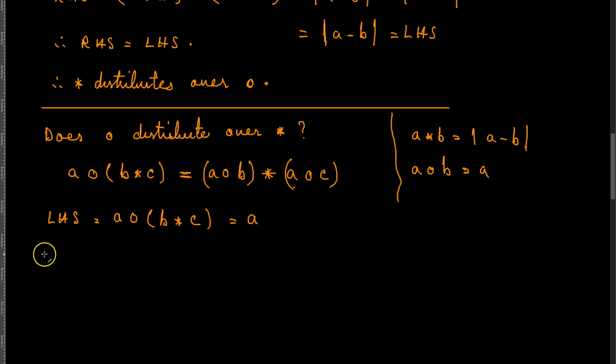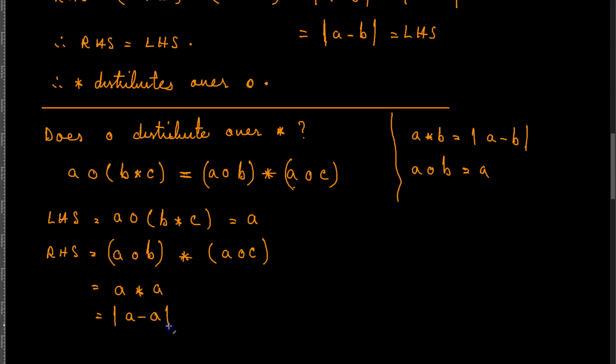So this is equal to a. Your RHS is equal to this whole expression, which is (a o b) star (a o c), which is the same thing as a star a, which is the absolute value of a minus a, which is equal to 0.